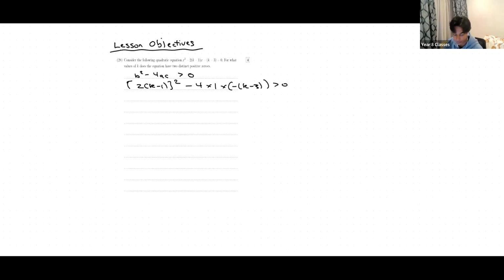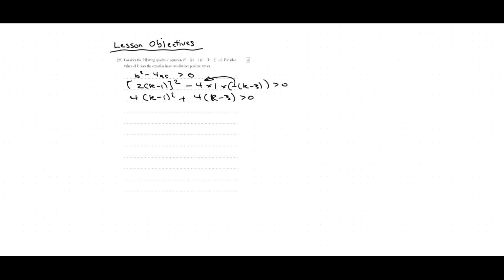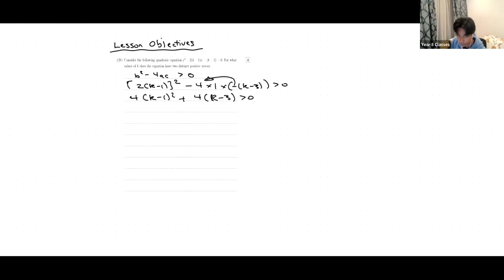Then, expanding and simplifying, you're going to get (2k minus 1) squared plus 4k minus 3, taking the negative out there. This is greater than 0. I'll spare you the expansion, but once you expand and simplify, you get 4k squared minus 4k minus 8 greater than 0.